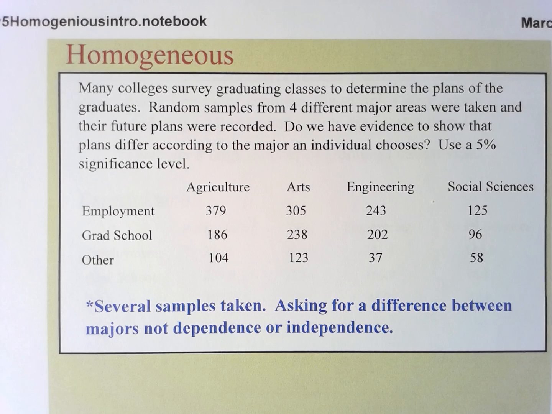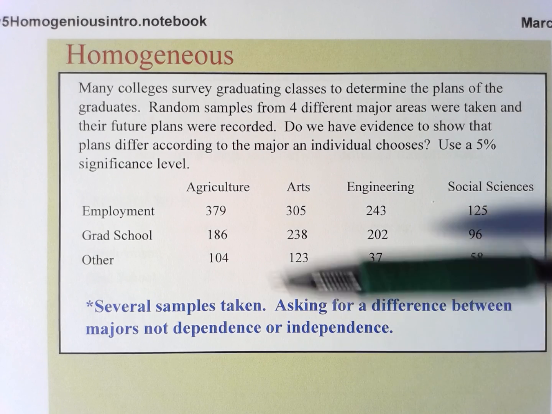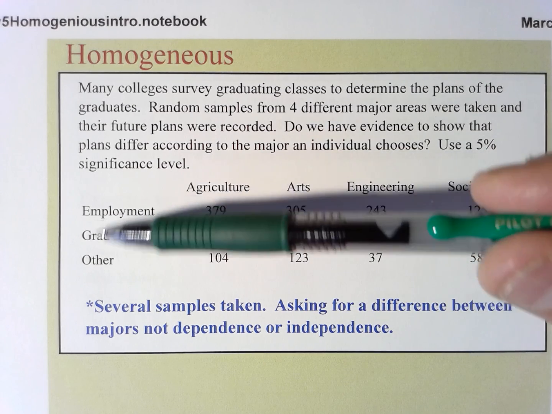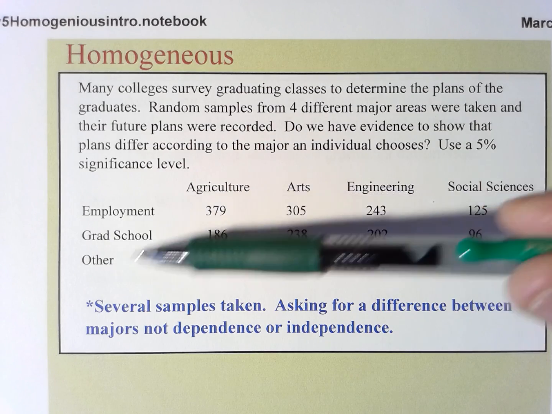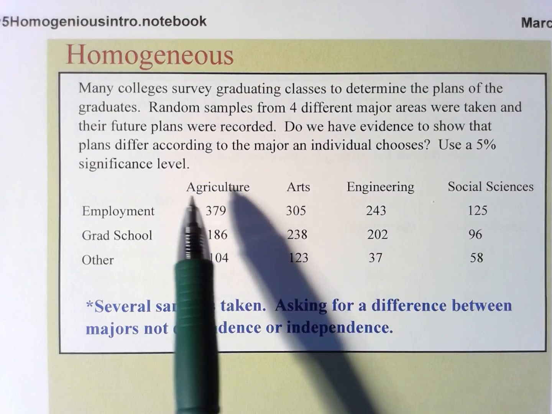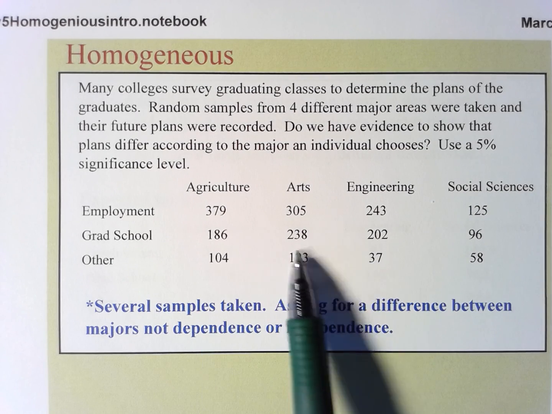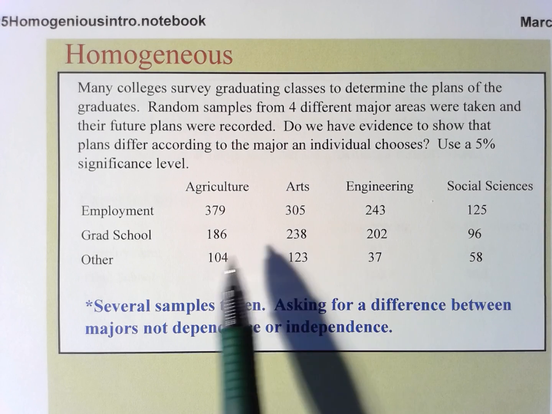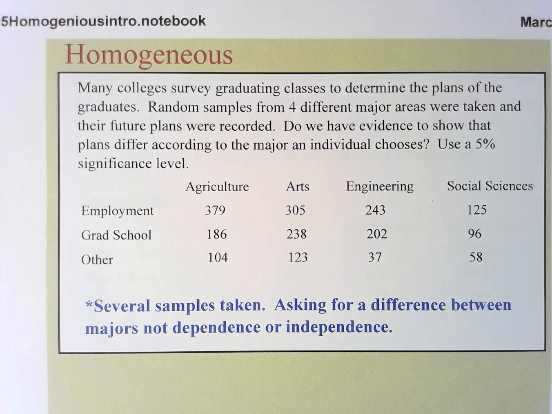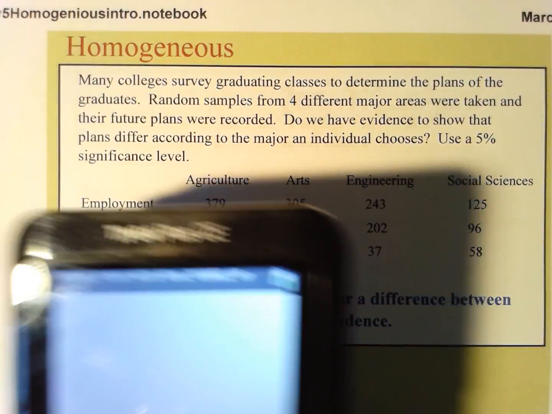It doesn't say independent relationship. We're not asking, is there a dependent relationship between this variable, whether or not you went to school, and what your interests are. That's not what we're asking, okay? We're asking, do the proportions change from category to category?